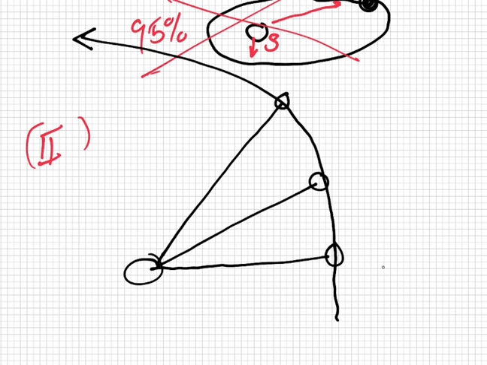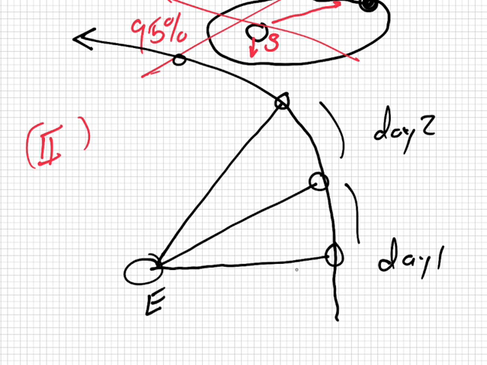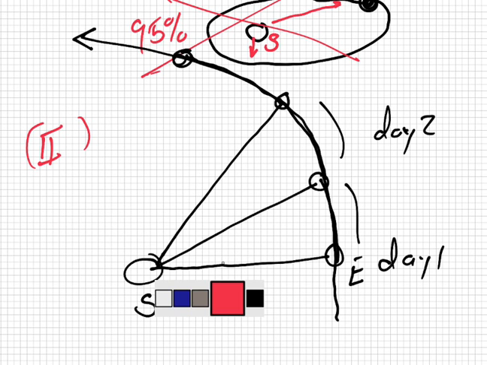And this here takes 1 day, and then this here takes another day. This can be like Sun and Earth maybe. After 1 day it goes here, then another day it goes here, and another day it goes here. I'm just drawing you different days.